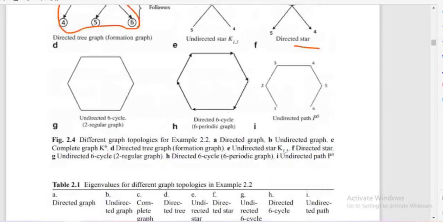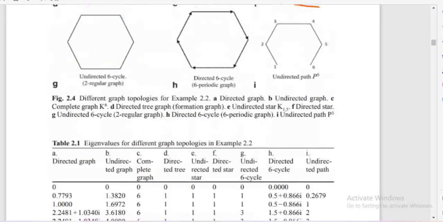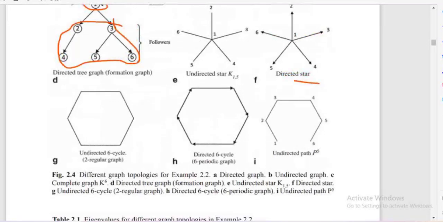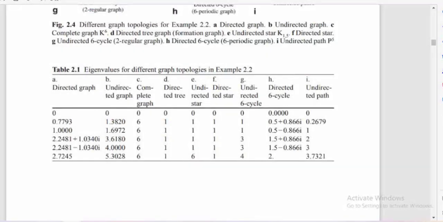For the directed tree, number D, like this, it is 1, 0, 1, 1, 1, 1, and we can see all these graphs have at least one zero eigenvalue.